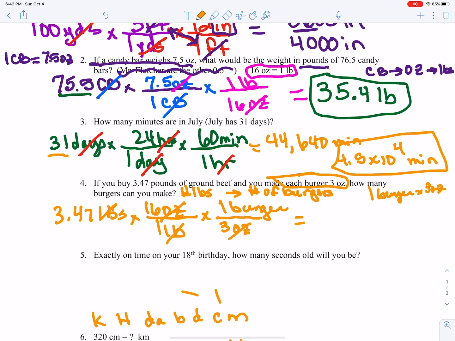Ounces cancels out ounces. So the math is 3.47 times 16 divided by 3. If we look at sig figs, I have 3 significant figures, so we can make 18.5 burgers out of 3.47 pounds.